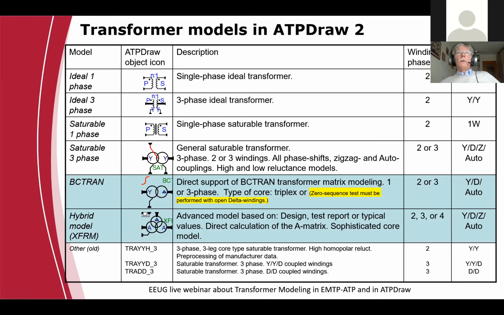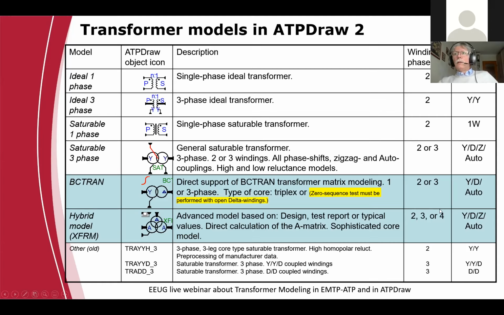Let's go a bit more deeply into the transformer modeling options. If you know how many phases you have and how many windings per phase you have, this information is important because you can decide the appropriate model according to it. For example, if you have four windings per phase, you have no option.